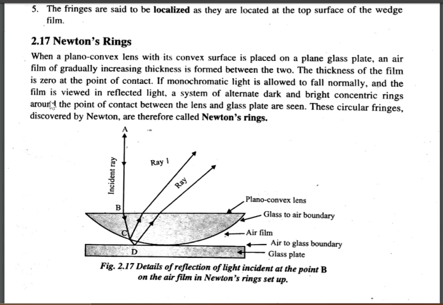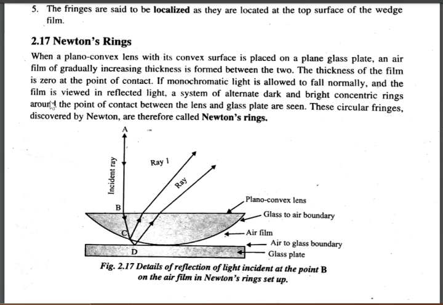Newton's rings. When a plano-convex lens with its convex surface is placed on a plain glass plate, an air film of gradually increasing thickness is formed between the two. The thickness of the film is zero at the point of contact between the glass plate and the plano-convex lens.